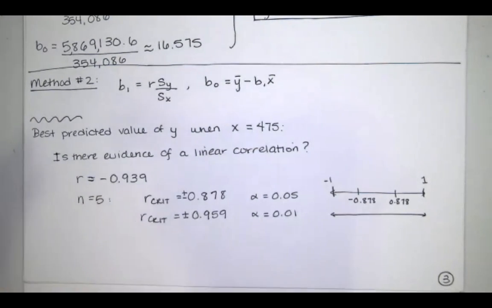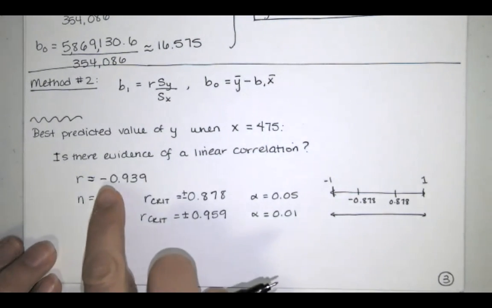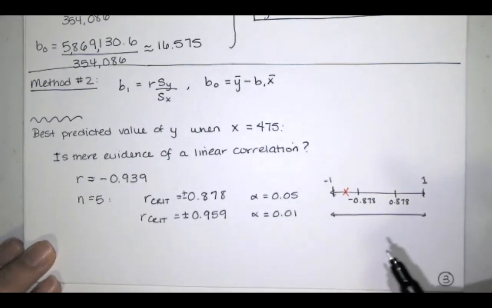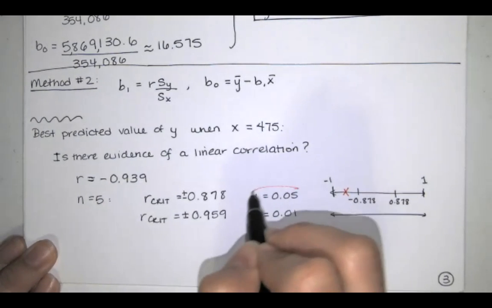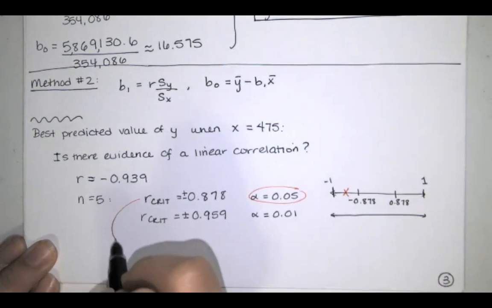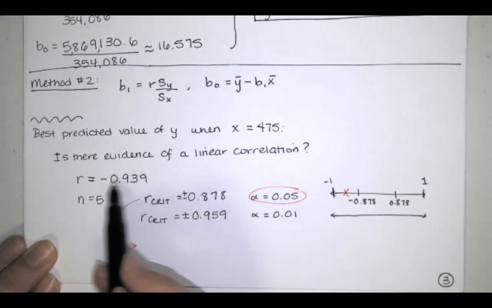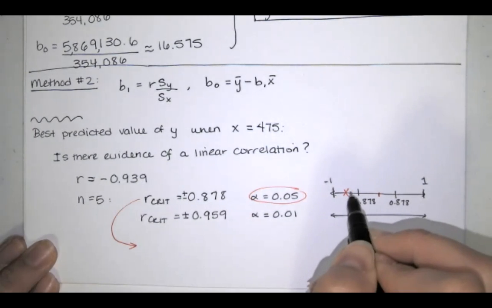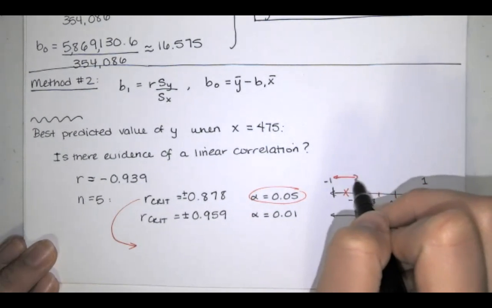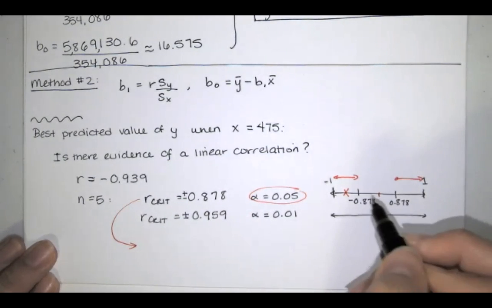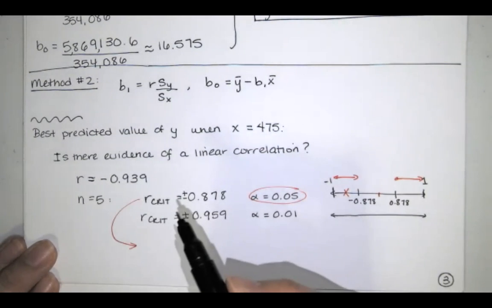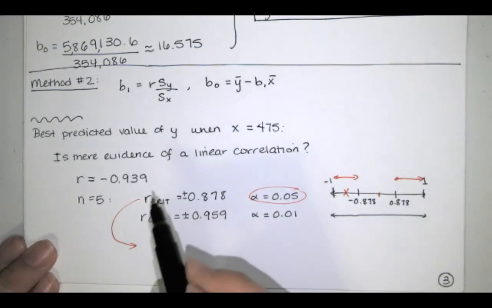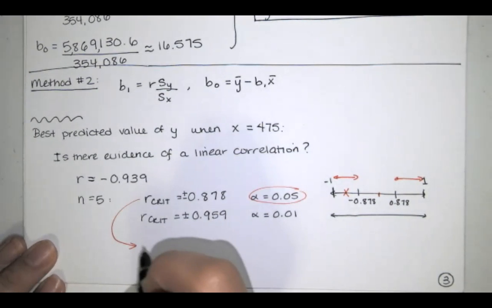And our R value of -0.939 is over here. So in this case, if alpha equals 0.05, since the absolute value of this number is greater than the absolute value of this critical value of R, R is in the tails. So that means that R is significantly low, given that the null hypothesis of no correlation is true. Therefore, we have evidence of a correlation.